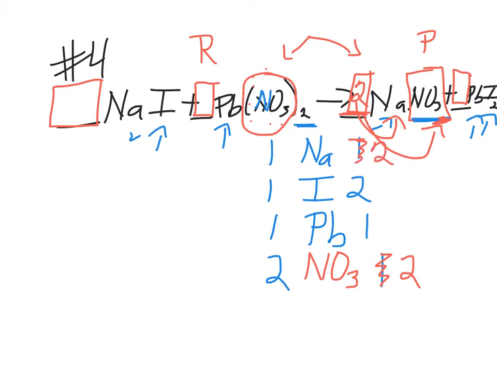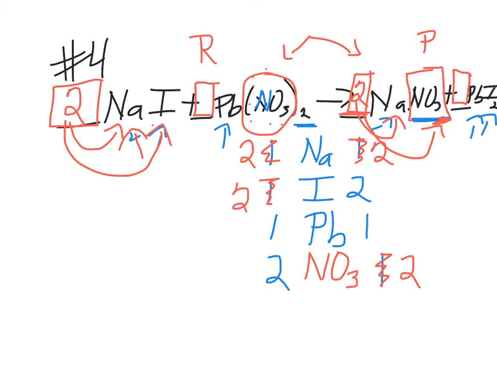All right, so let's go to the other sodium. 1 times what will give me 2? 2. So that gives me 2 sodiums. Remember, this changed the sodium, but it also affects your iodide. So 1 times 2 gives me 2.